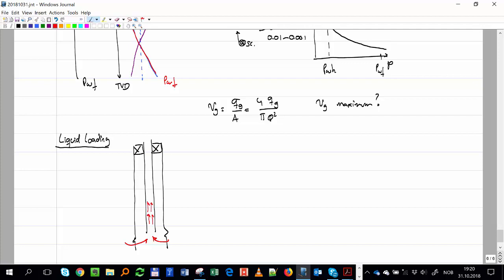However, maybe some liquid is coming with the gas, maybe something is condensing, and you start having droplets of condensate or water with the gas. When the velocity of the gas is not enough to drag the liquid up, the liquid will start to accumulate and will start to create a back pressure.